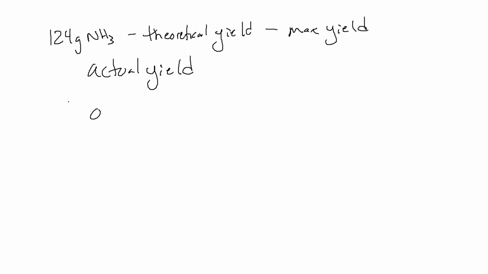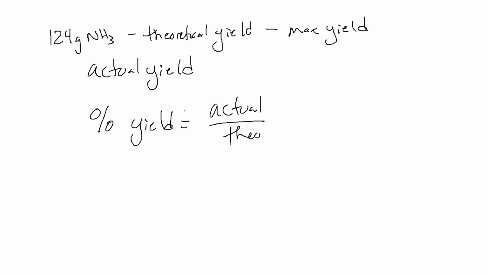So there is a relationship known as the percent yield, which is the actual yield divided by the theoretical yield times 100%. So let's just say, for example, we did this experiment and we produced 111 grams of NH3.